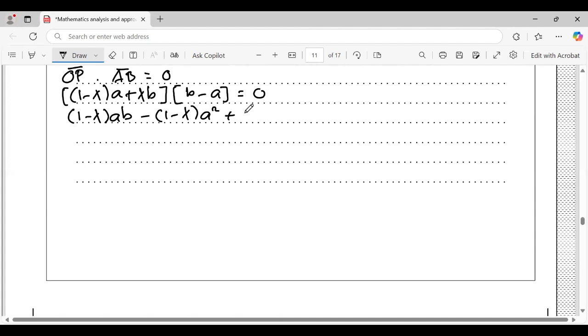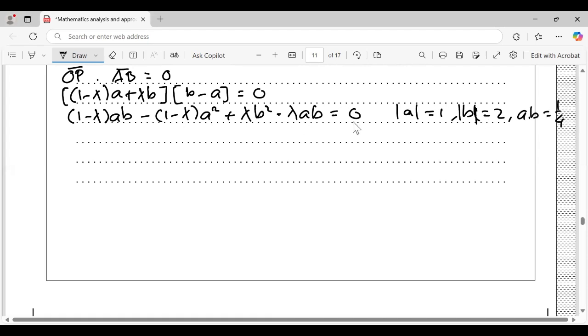If we multiply lambda b squared minus lambda a dot b equals 0. And we substitute modulus a equals 1, modulus b equals 2, and a dot b equals 1/4.